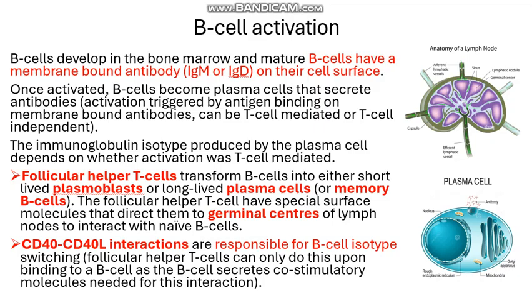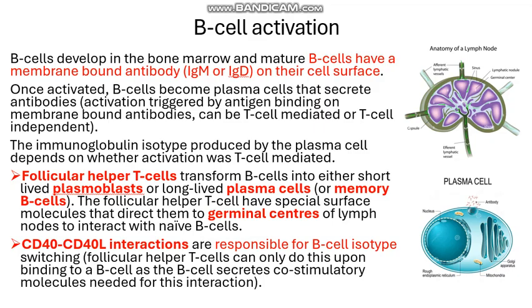It can either be T cell mediated, so these B cells can become activated and differentiate into plasma cells by a T cell bringing an antigen to the antibodies on its cell membrane, or it can just pick up an antigen that's free floating.